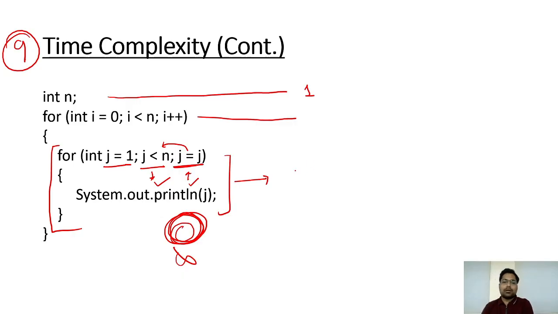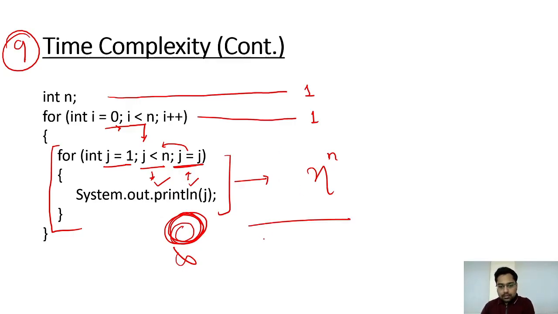Since you cannot come outside, simply write the maximum time complexity of n to the power n. That could be better to express it. Next, we just run for one time and we have checked the condition. Once the condition is checked, we found that we cannot return to the first for loop.